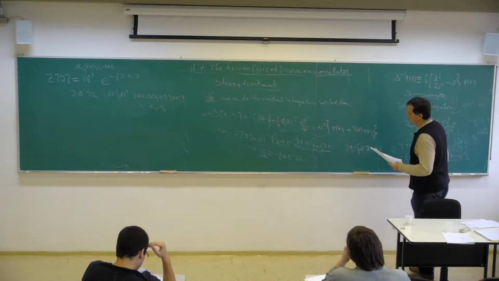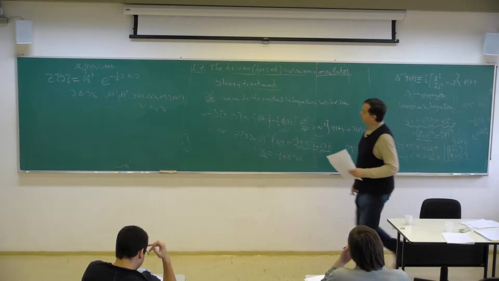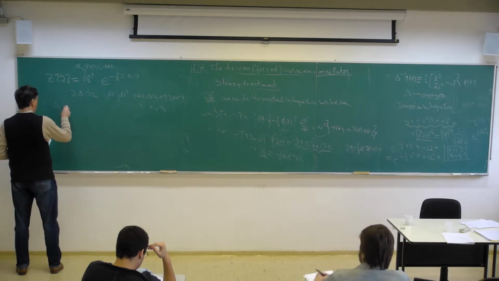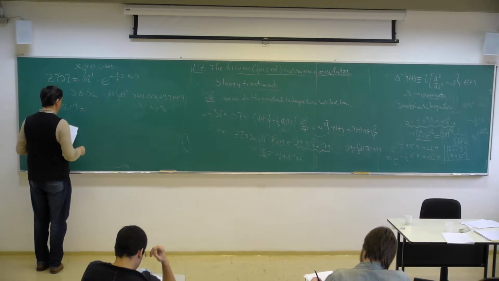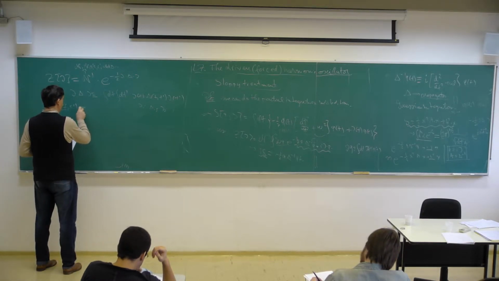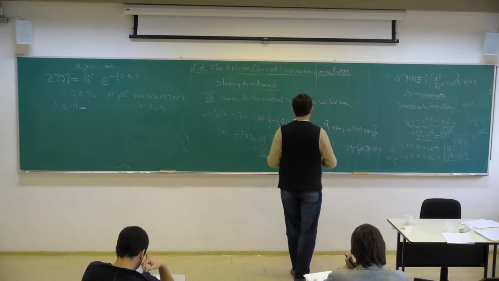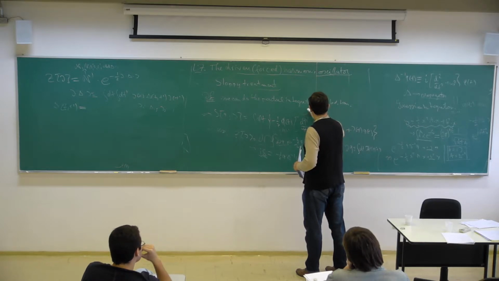And then, what is this delta of t minus t prime? Well, we have to remember that this was delta minus 1.